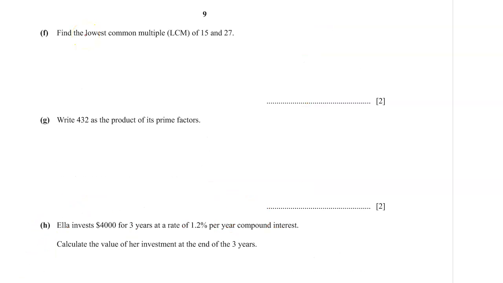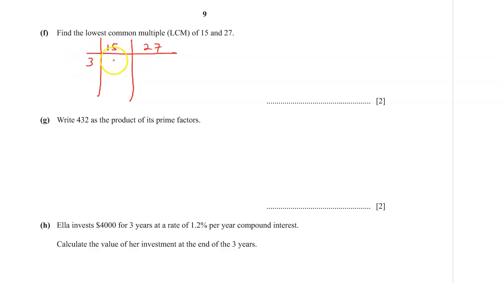F. Find the lowest common multiple, LCM, of 15 and 27. So 15, 27. They are divisible by 3.